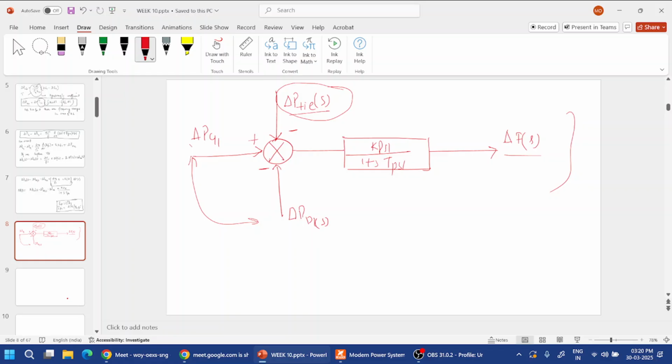It shows how the frequency is controlled for every area. If we want to implement it for area 2, we can use del Pg2, del PD2, Kp2 which is 1 by B2, and all those values for the second area. So basically this is the frequency control of a two-area system.